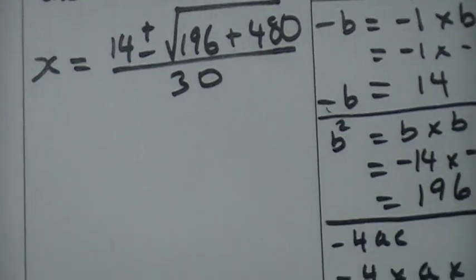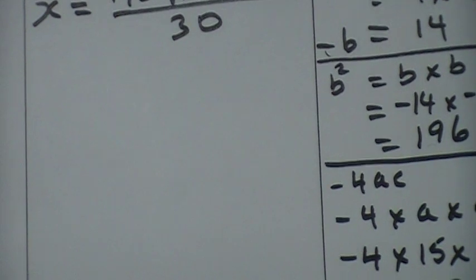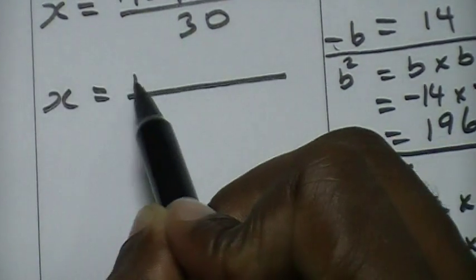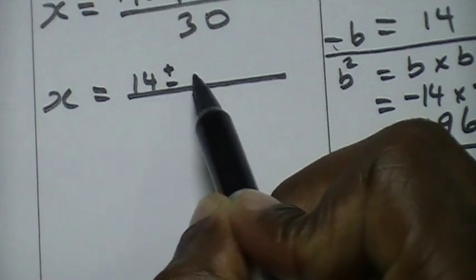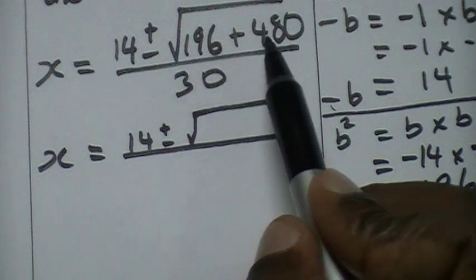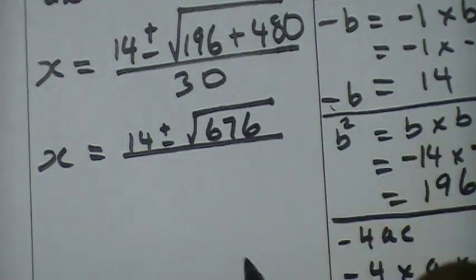Now we can proceed to solve the problem. We're going to have x equals 14 plus or minus the square root of 196 plus 480, that's 676 using the calculator.